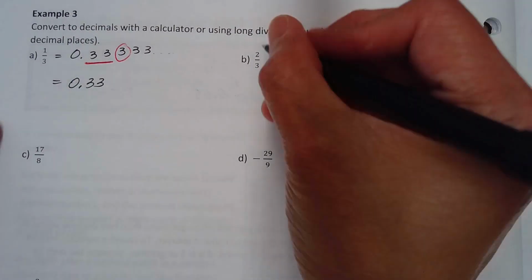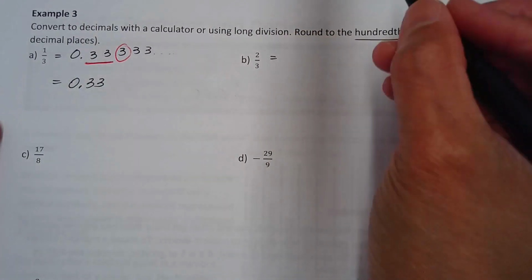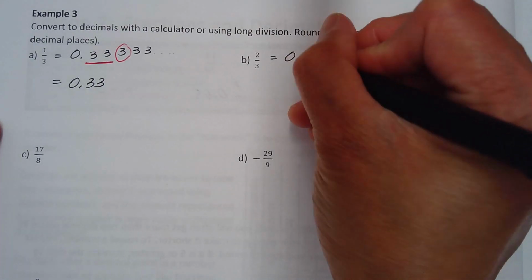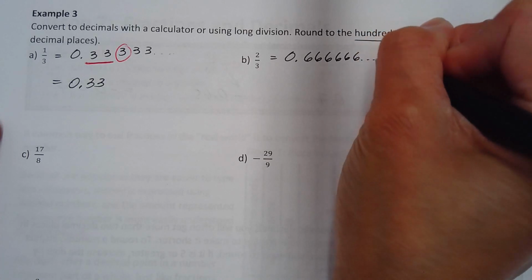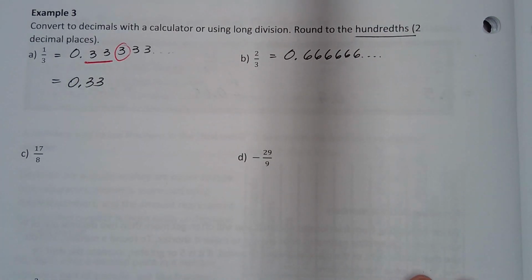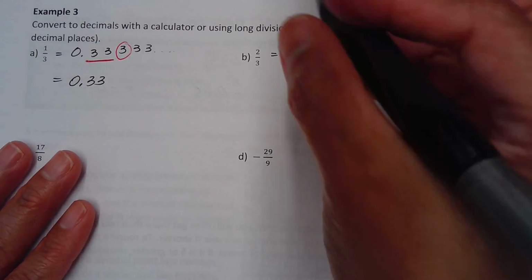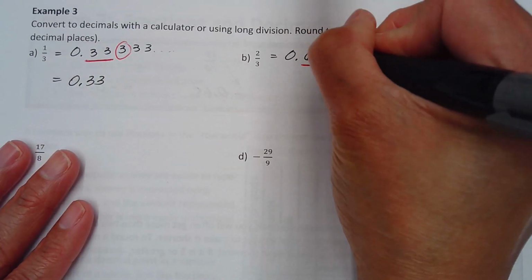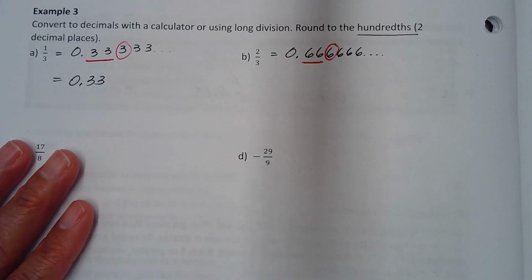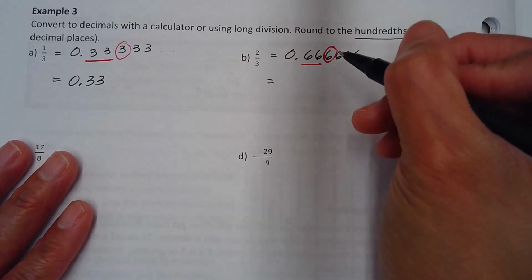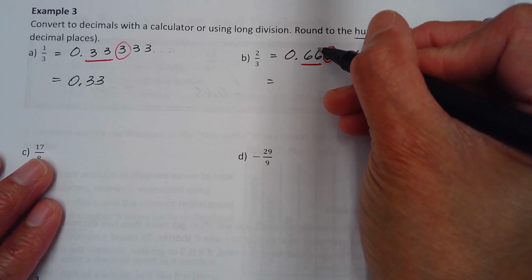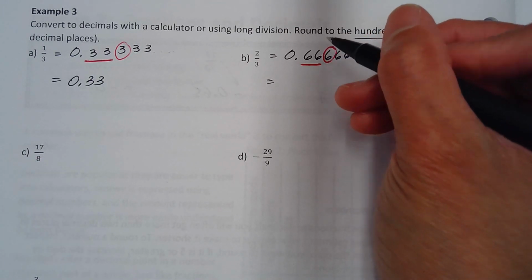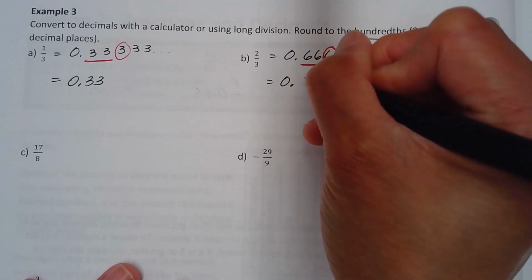Good. What about 2/3? What would that be? 0.666. Okay, again, this is going to be a non-terminating decimal. Non-terminating means it doesn't stop. So 2 decimal places would be right there. I'm going to look at my third. That's my deciding factor. So this is 5 and up. That means I'm going to round this up by 1. So 0.67.